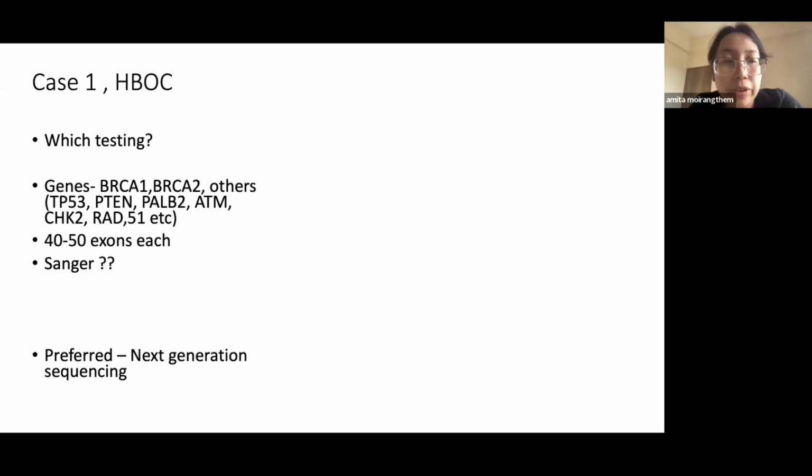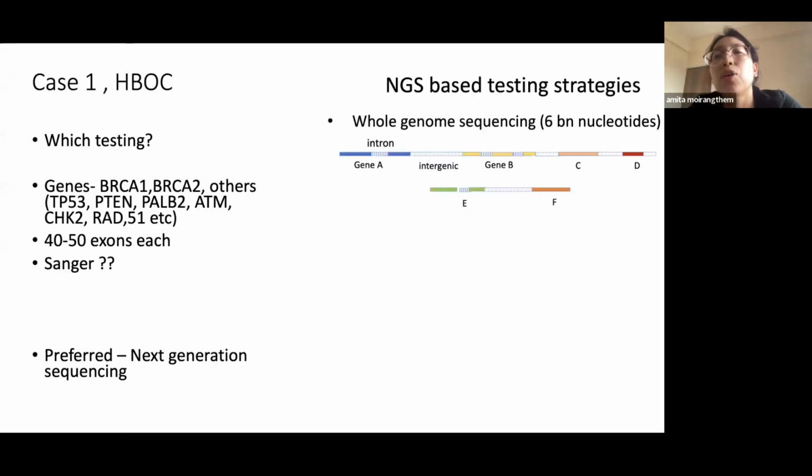So what is the difference here? In Sanger sequencing, we sequence each nucleotide from one end to the other end of that particular fragment. In next generation sequencing, we sequence the whole DNA of the cell. We have an estimated 6 billion nucleotides in a particular cell.